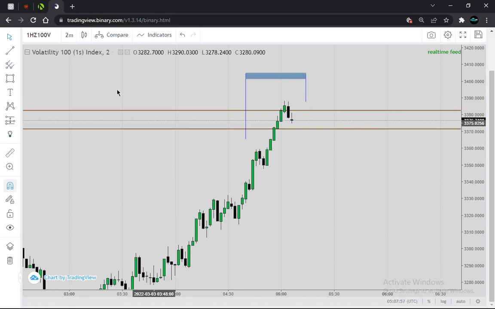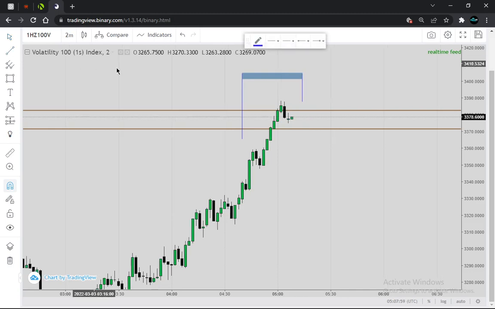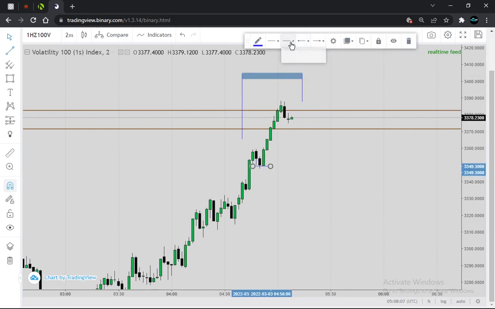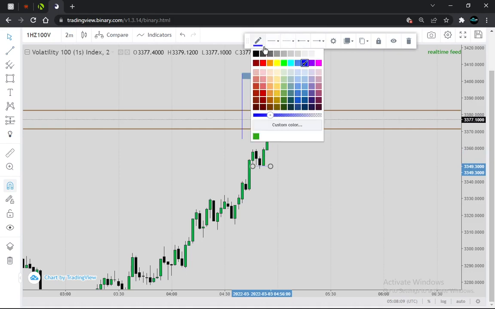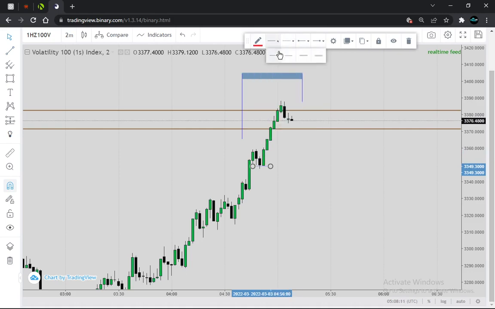Okay, right there. Since I can see this is a little wimpy, we've got an institutional order entry. This fair value gap.